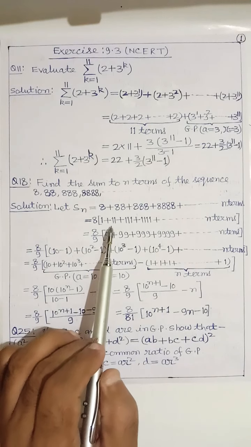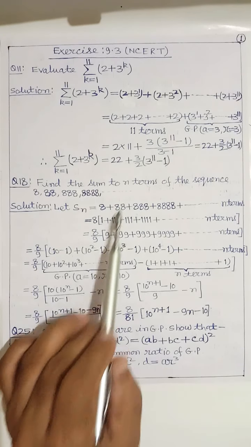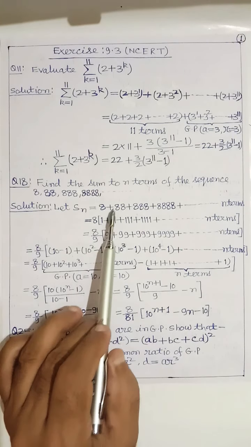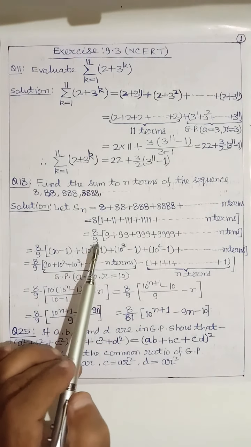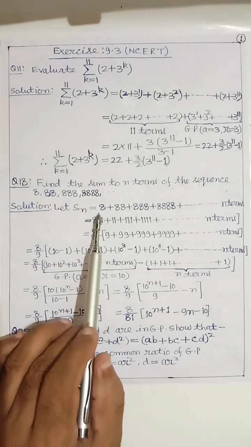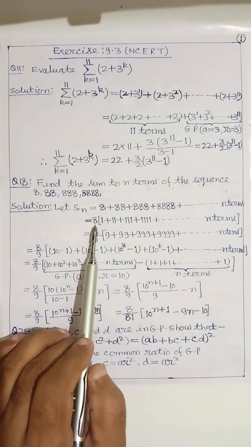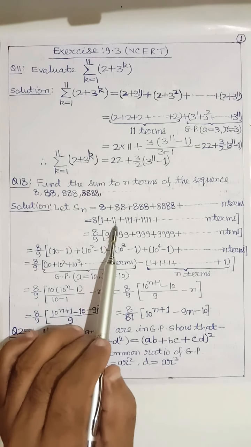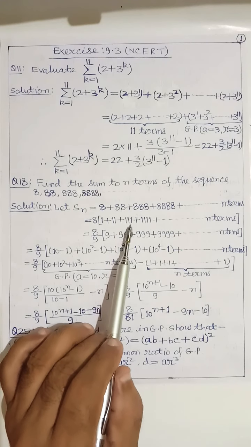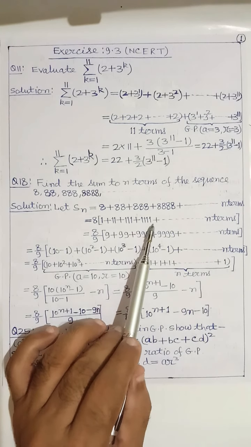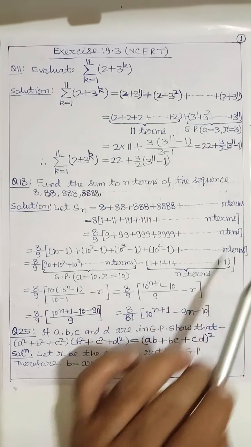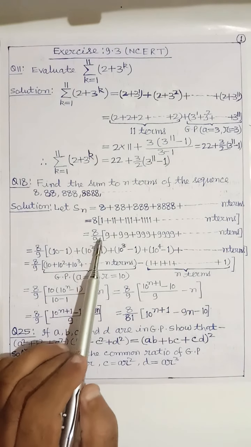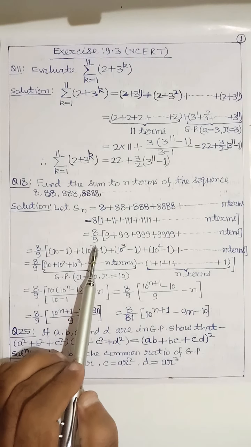Dear students, in this type of question, first we convert the given terms into a GP, and after that we find the sum. So here we take 8 common, so we get 1 plus 11 plus 111 plus 1111 and so on up to n terms. And here we multiply by 9 and divide by 9 also.